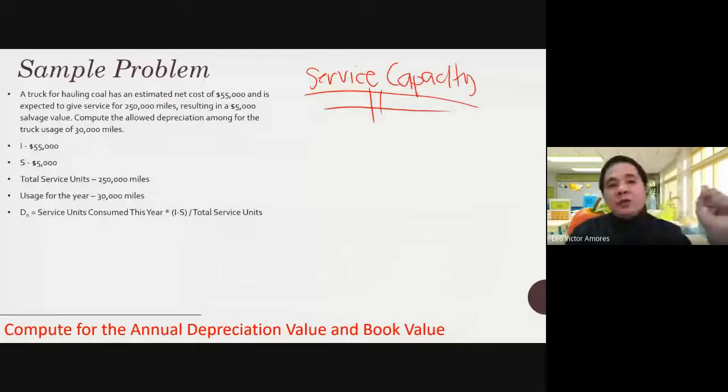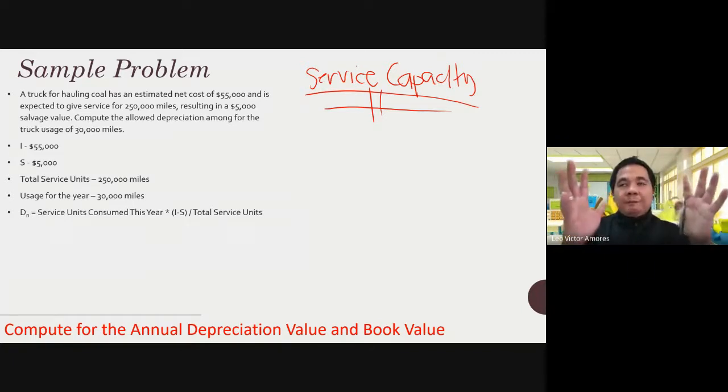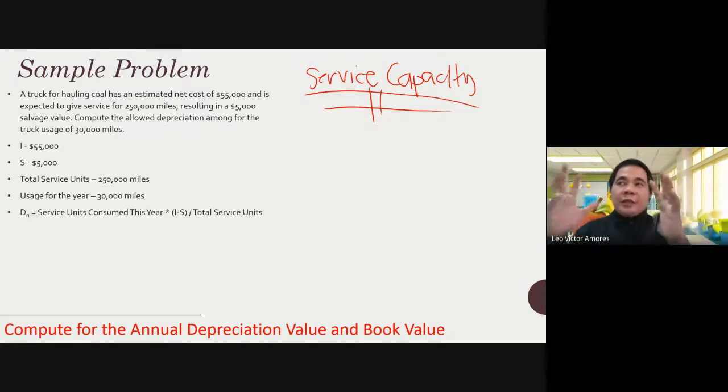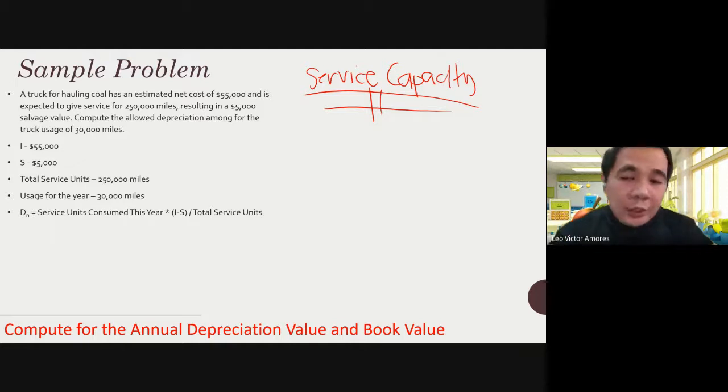It can give you a service capacity of 1,000 for 10 years. There is also at some point wherein your actual output is greater than your service capacity. But your actual output, dili man na nimo siya adjust imong depreciation basing your actual output, no? So you should have your computations based on the output on the percentage iyang service capacity.